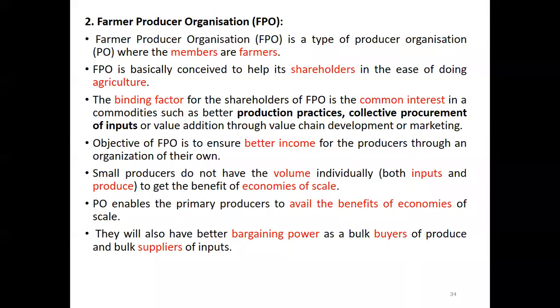For example, if I have produced pomegranate and if I wanted to sell this product pomegranate in the Pune, at that time I have to bear transportation cost individually. Okay, for example, to bring this pomegranate from my native place to Pune, it costs around 5,000 rupees, which is not affordable.